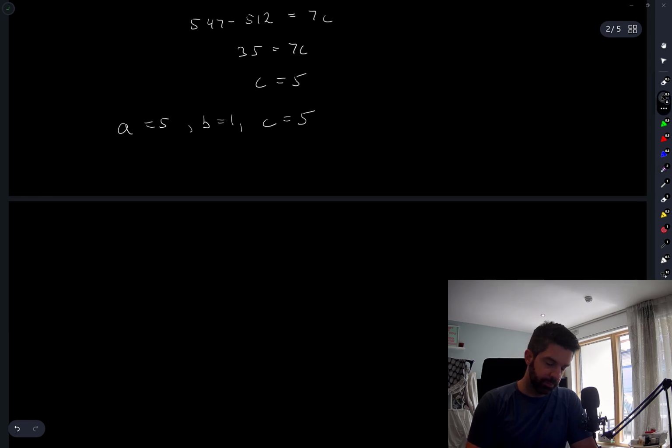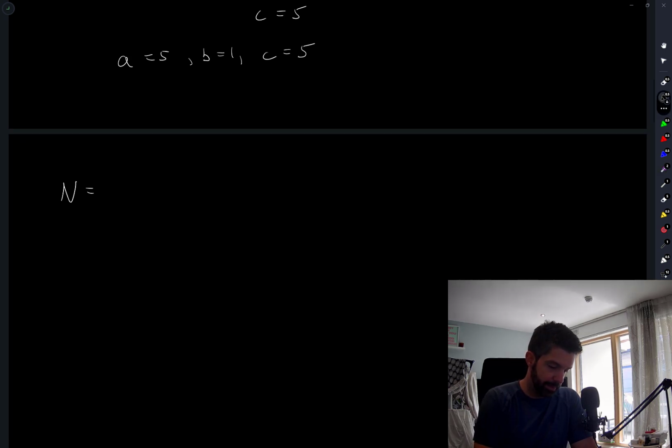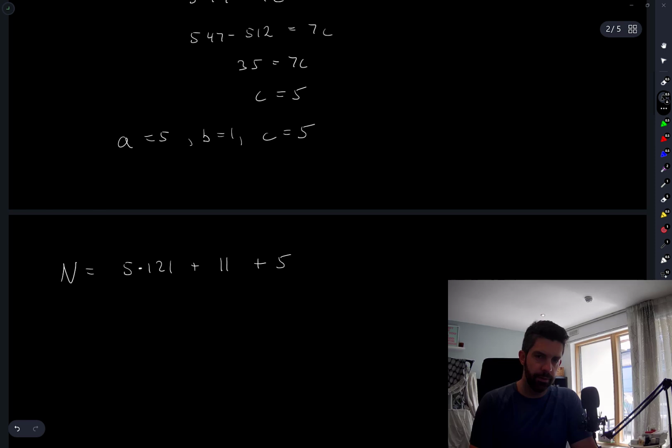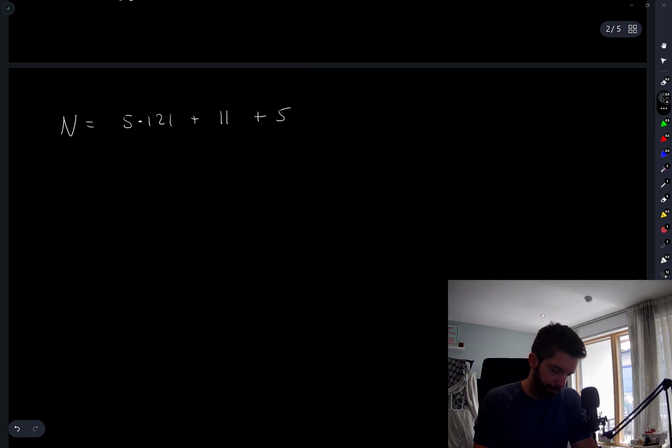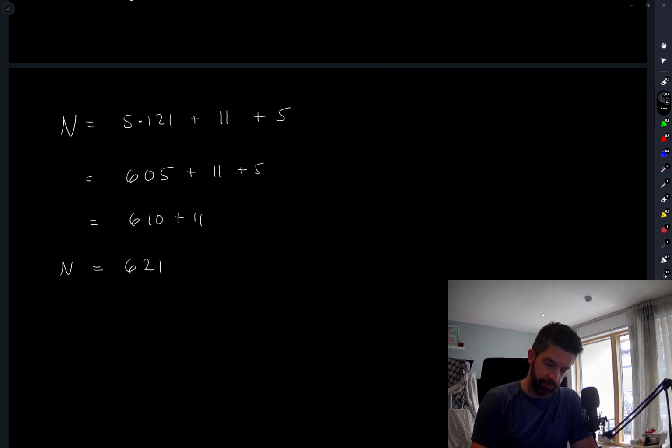Okay, so this says that n is equal to 5 times 121 plus 11 plus 5. And that's just going back to the base 11 representation of the number. So this is 605 plus 11 plus 5, 610 plus 11, so n is equal to 621, and that's the smallest number that allows for these base 8 and 11 representations.